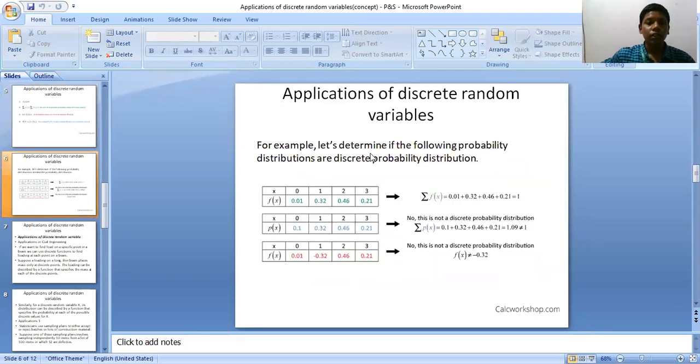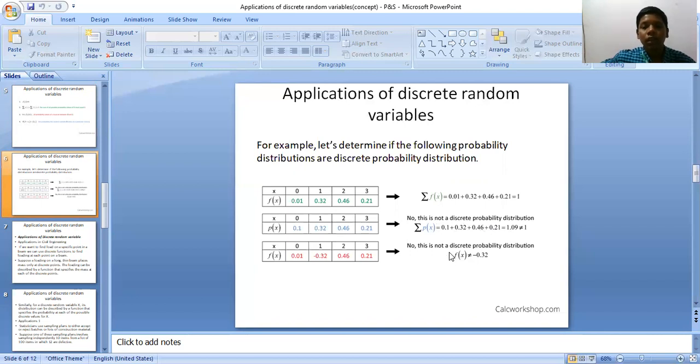For example, let's determine if the following probability distributions are discrete probability distributions. In the first table, the summation of f(x) is equal to 1, so it follows the discrete random variable property. In the second table, the summation of f(x) is not equal to 1; it is greater than 1, so it is not a discrete probability function.